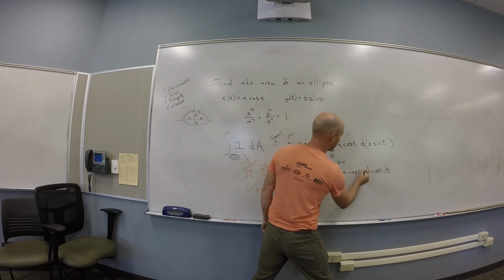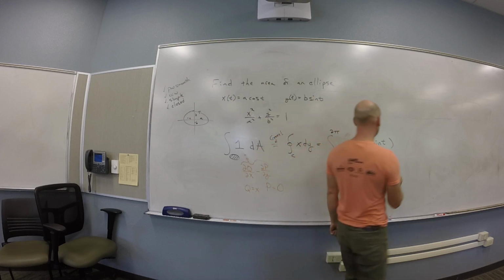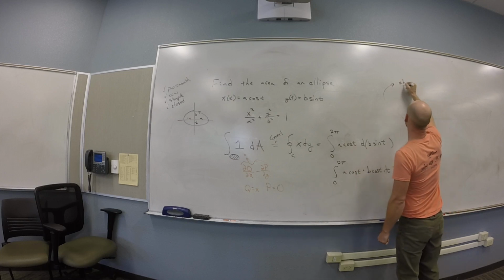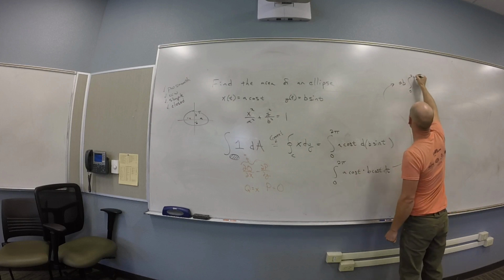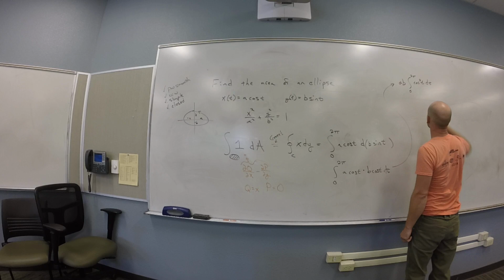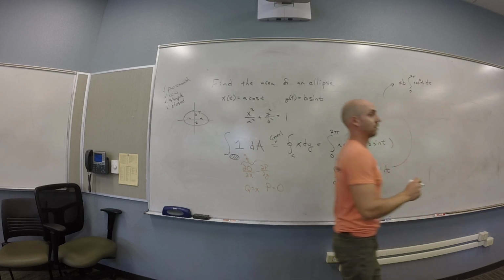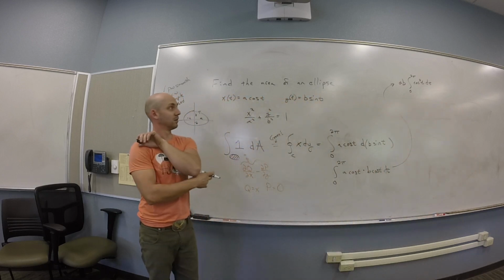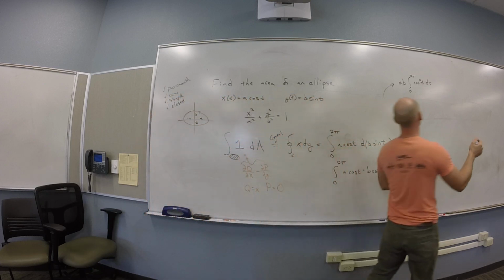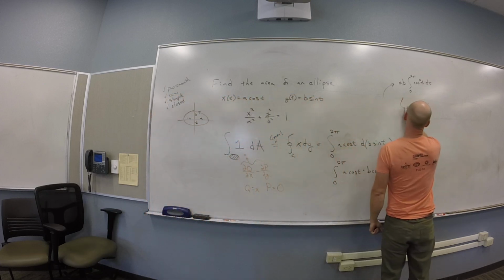Okay, so I got this, which is ab, the integral from 0 to 2 pi of cosine squared t dt. Okay, then what? That's my identity for 1/2 (1 plus cosine 2t).